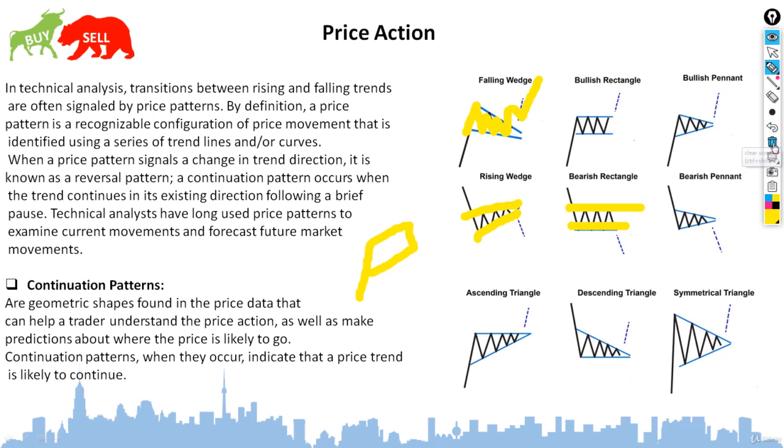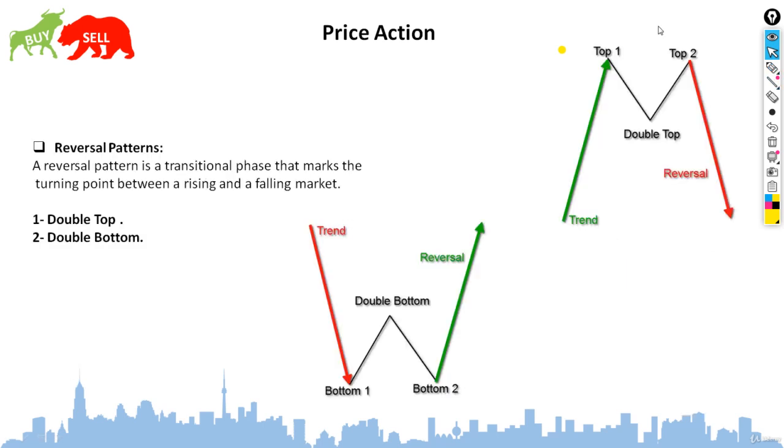In the second point, we are going to see the reversal price action patterns. In reversal price action patterns there are a lot of patterns, but what we are going to study is just the double top and the double bottom.